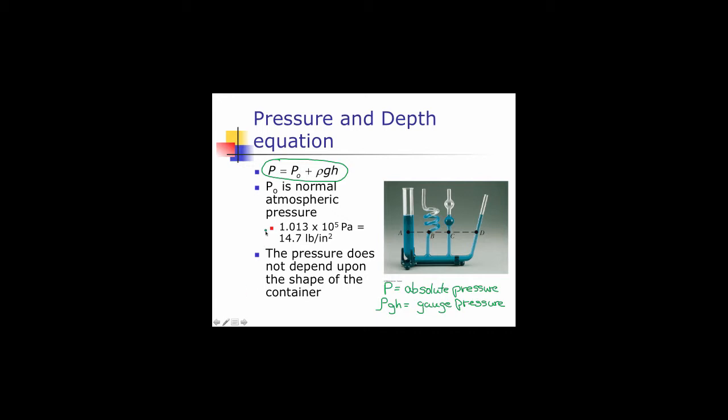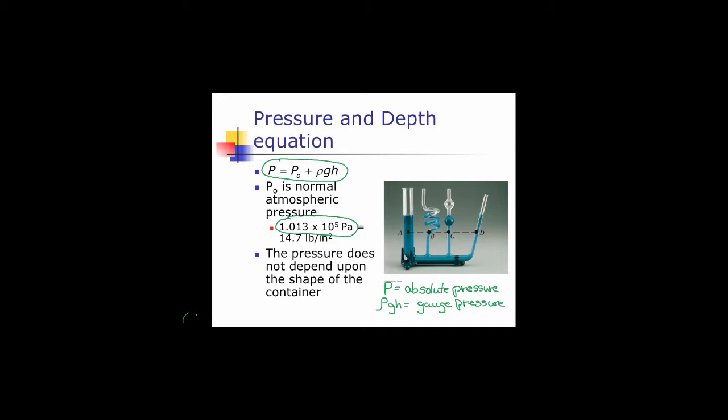Atmospheric pressure, as you know from chemistry, is 1.01 times 10 to the 5th pascals, which is 14.7 pounds per square inch.